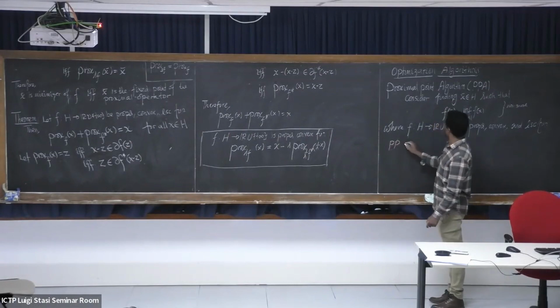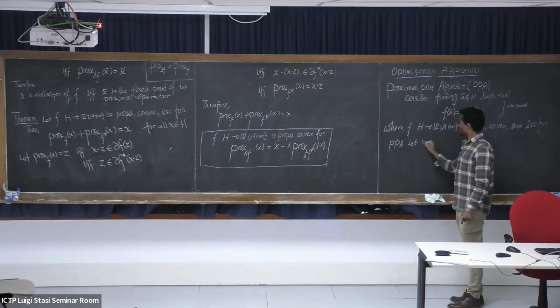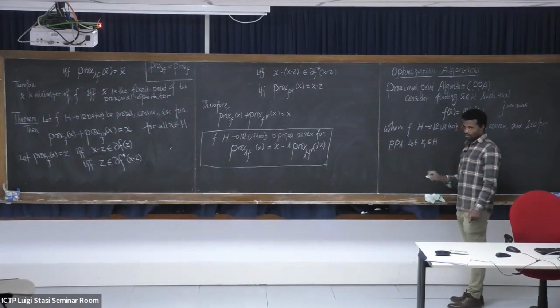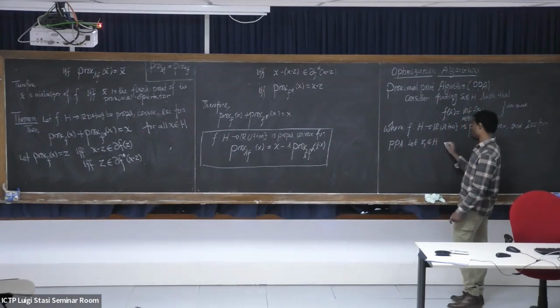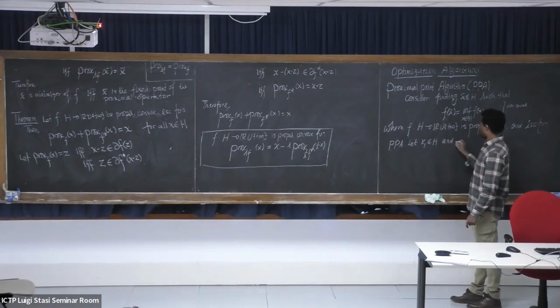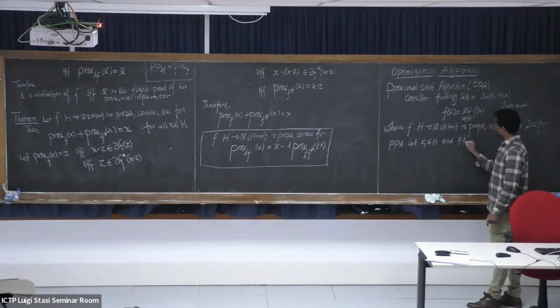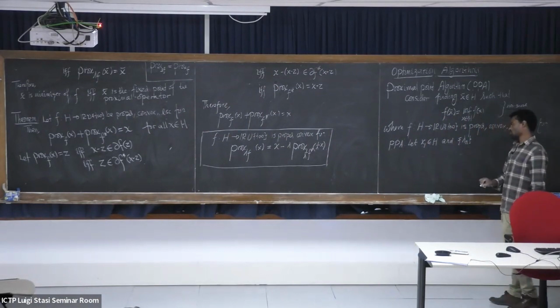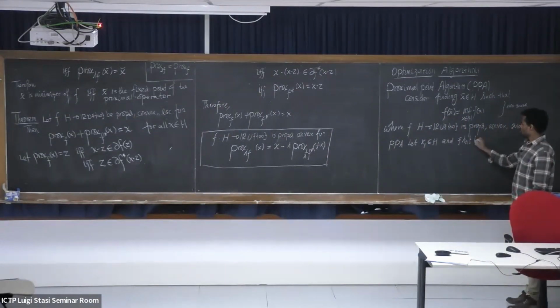The PPA is: let x1 be the initial guess, and lambda n be a sequence of positive real numbers.